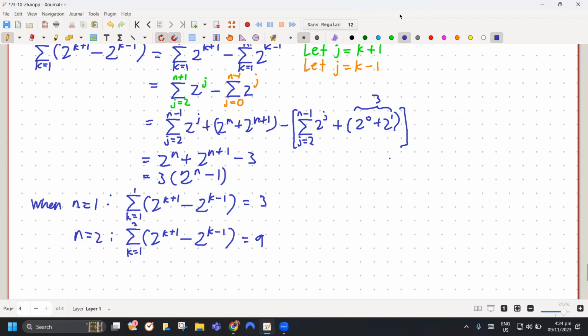Kasi yan yung... teka, so yun, 3 times 2 to the n minus 1, n greater than or equal to 3. Kasi yun yung limitation ng derivation natin dyan eh. Hello? So, paisulat.